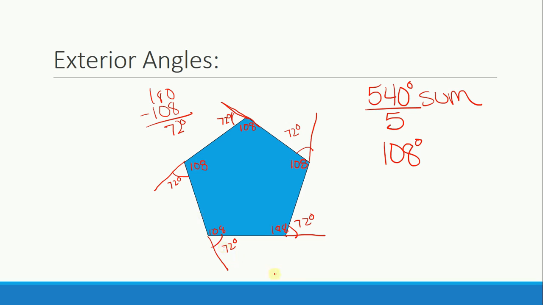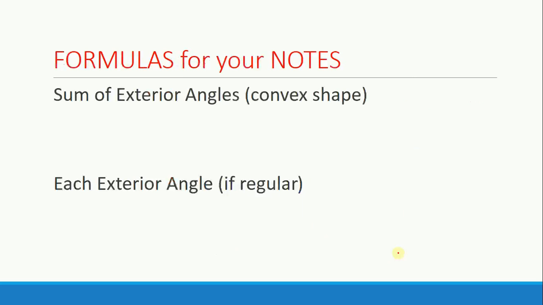Now, if I add up all the 72s, or technically, I'll take 72 times 5, I will get 360. Now, here's the real cool thing about the sum of exterior angles. No matter what, it could be a 100-sided polygon, your exterior angles will add up to 360.